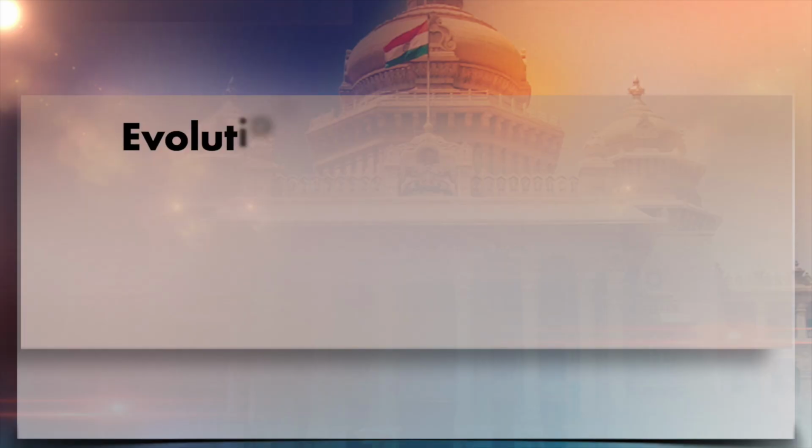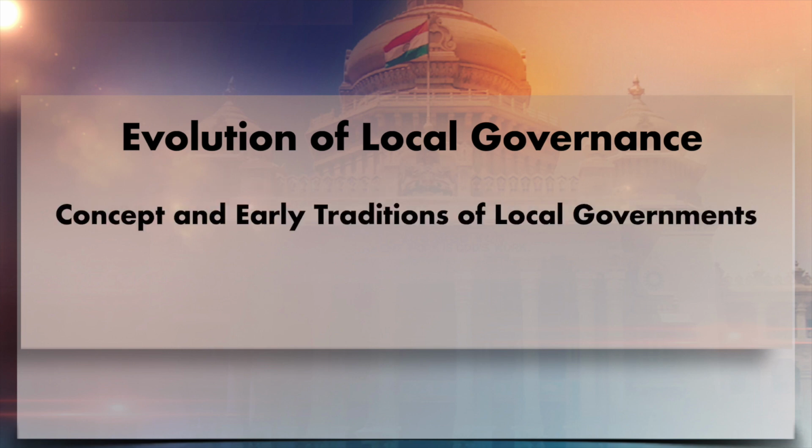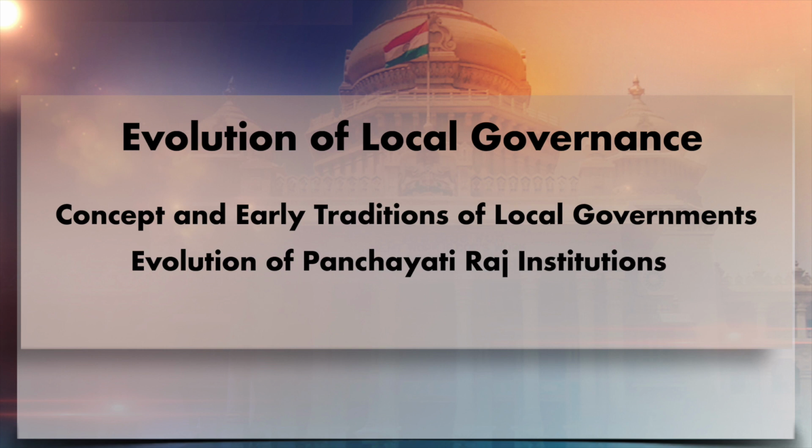Under the first theme, that is evolution of local governance, we will have three talks. First is on the concept and the early traditions of local governments, especially in India. Second talk is on the evolution of Panchayati Raj institutions in the country.